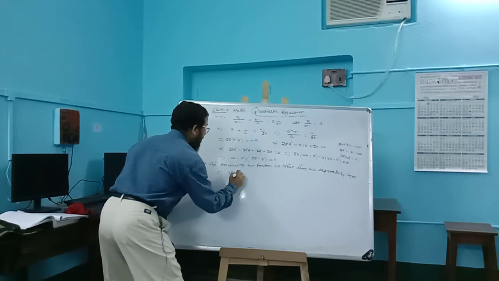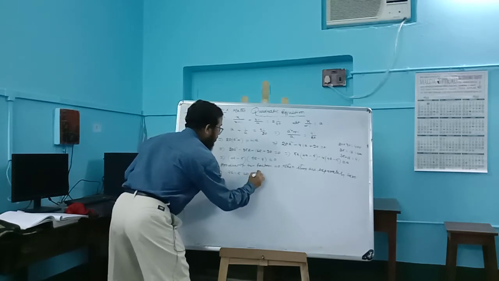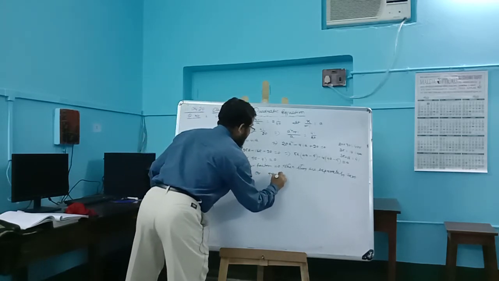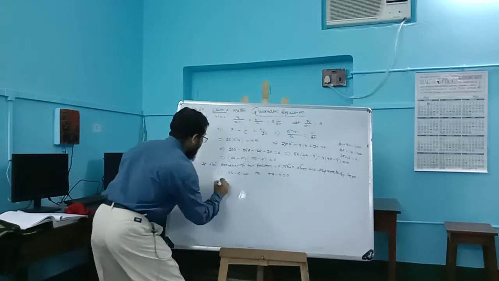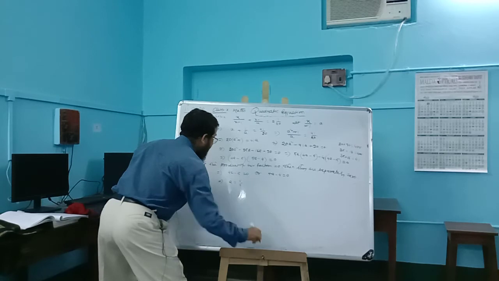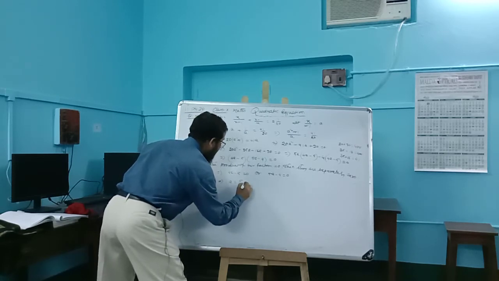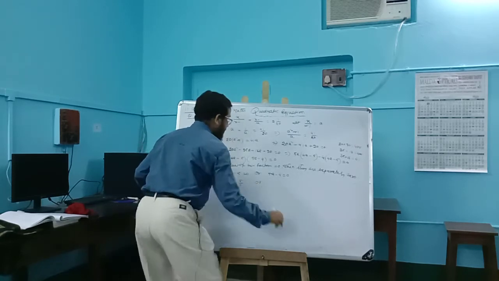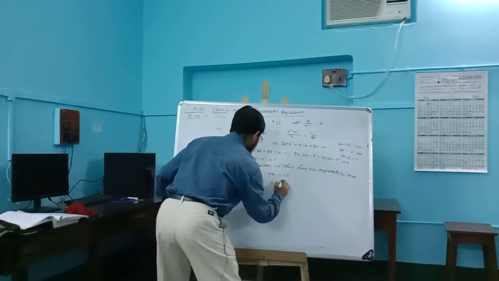This implies 4a − 5 = 0 or 5a − 4 = 0, which implies a = 5/4 or a = 4/5.